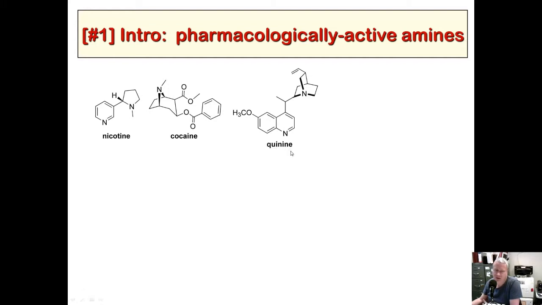Actually, it's an anti-malarial drug, and it's also found in gin and tonic and tonic water. So it's used as a flavoring in beverages, but it has a couple nitrogens, including this heterocyclic quinoline thing at the bottom, and then you have the tertiary amine up top.